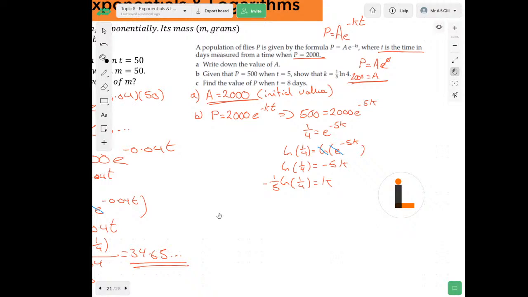So this is close to what we want, except we've got a negative fifth here, and we've got ln 1/4 rather than ln 4. So we're going to use some of our log laws with this negative here and say, well, actually, we can rewrite this left-hand side so that it becomes 1/5 ln of 1/4 to the power of minus 1. We know negative indices are reciprocals. So this is where we now get our answer: 1/5 of ln 4 is equal to k.